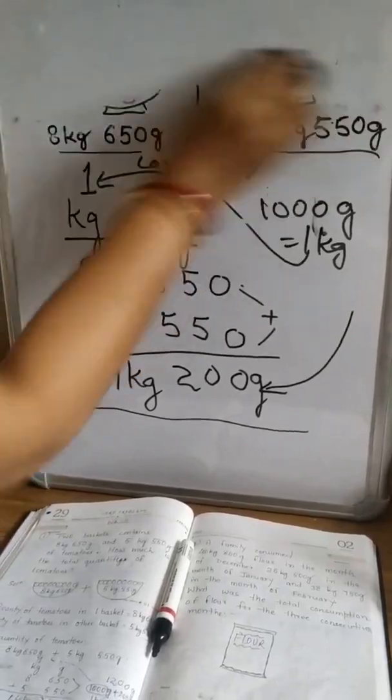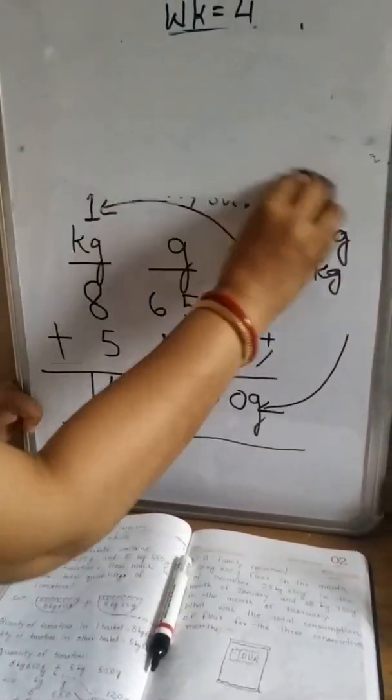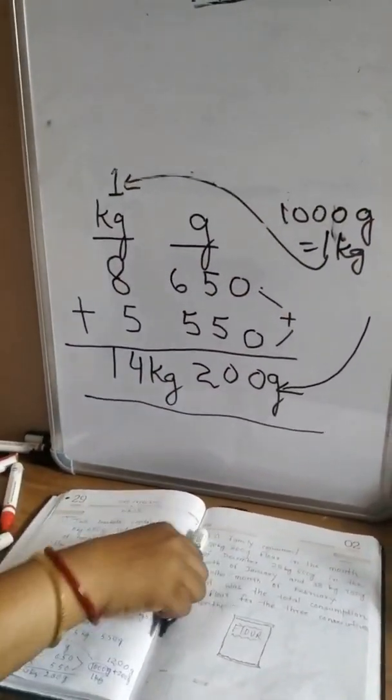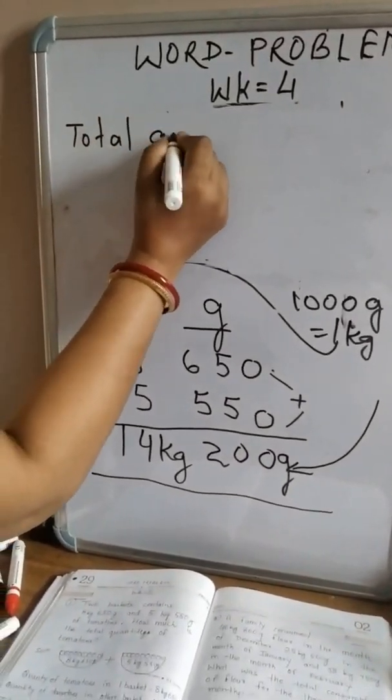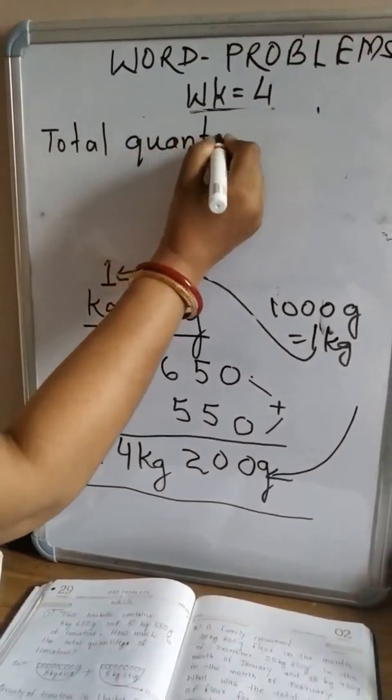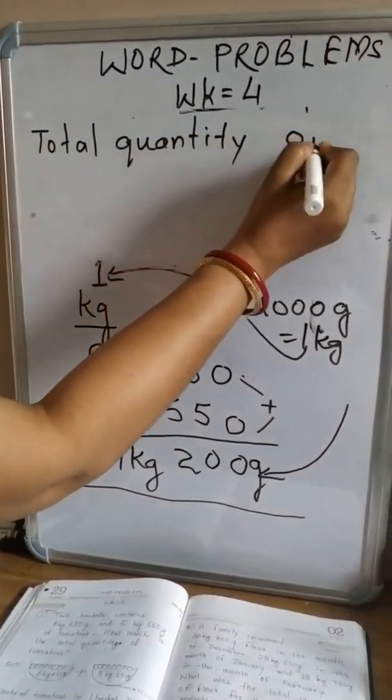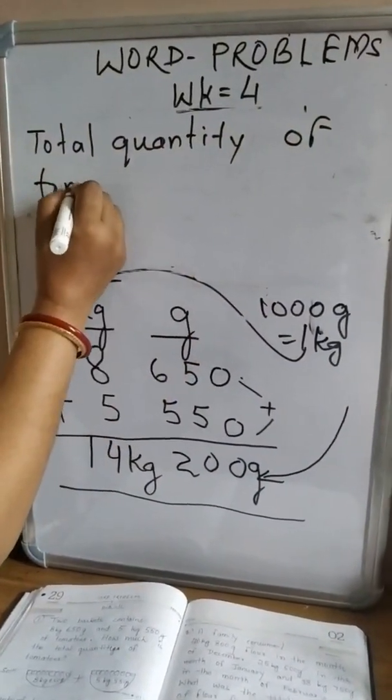So your answer is: the total quantity of tomatoes.